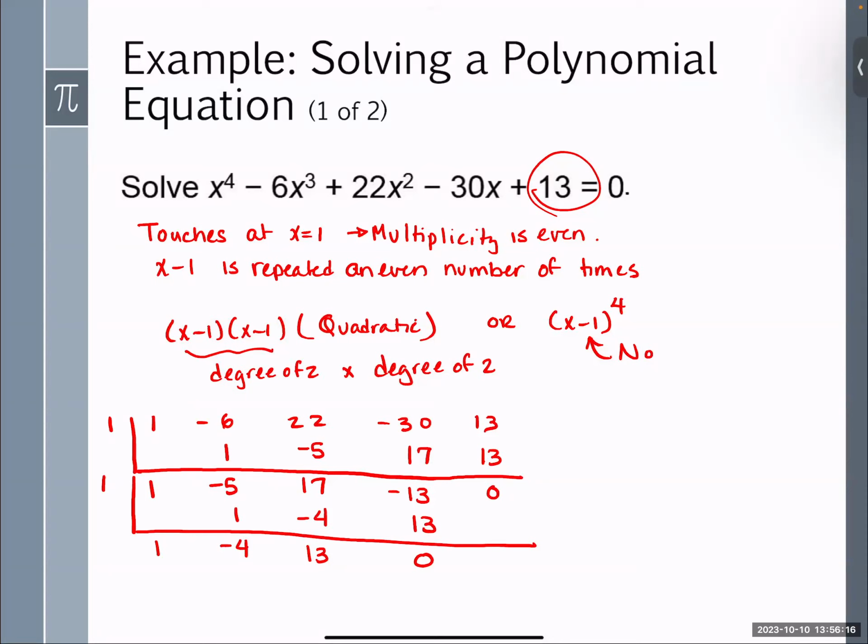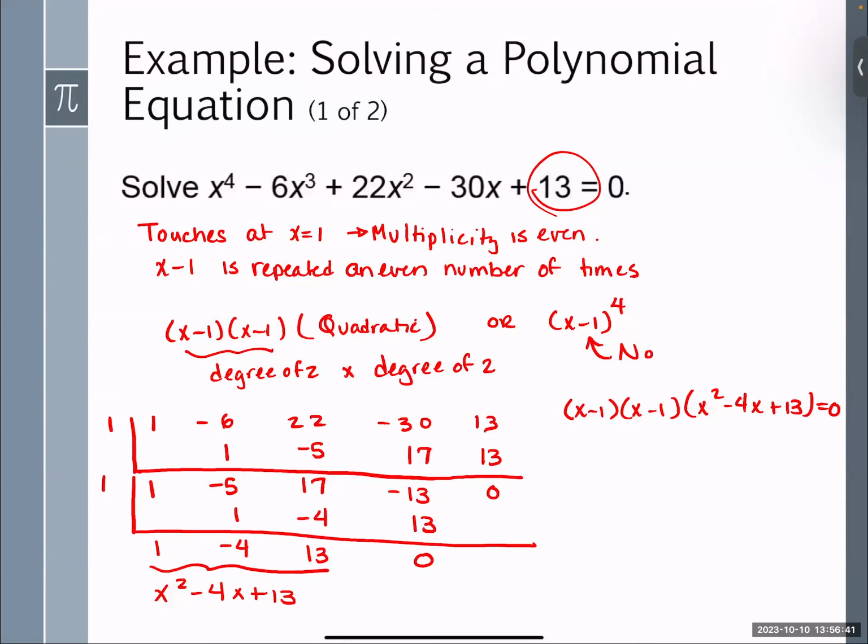And what I have down here are the coefficients on the quadratic factor. So this is going to be x squared minus 4x plus 13. So far, this thing factors to x minus 1 times x minus 1 times x squared minus 4x plus 13 equals 0.